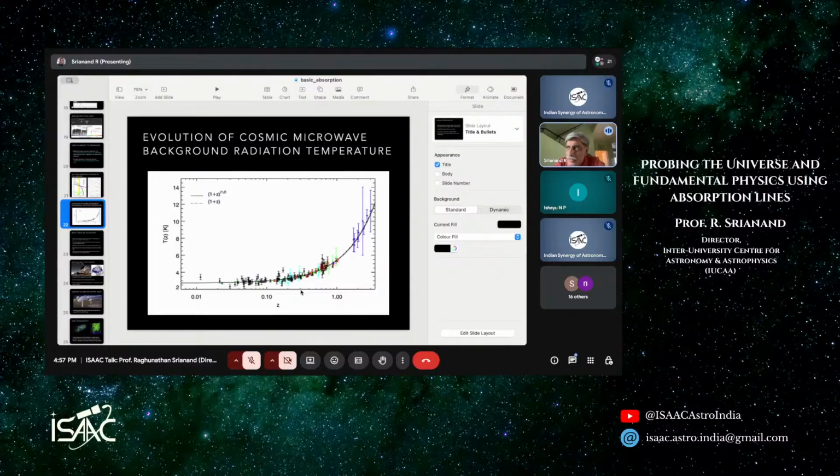So the smoking gun discovery would be that if you have such an atom, which can interact with radiation at a particular epoch, and you pick up these atoms at that epoch, you will find that electrons cannot be in the ground state all the time.